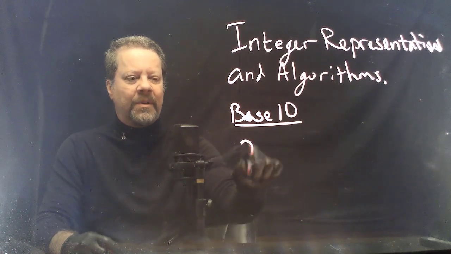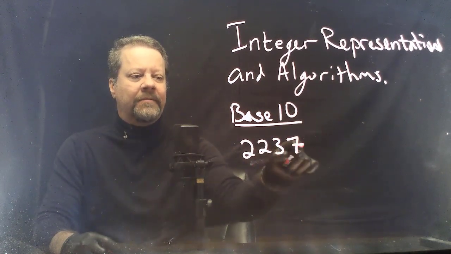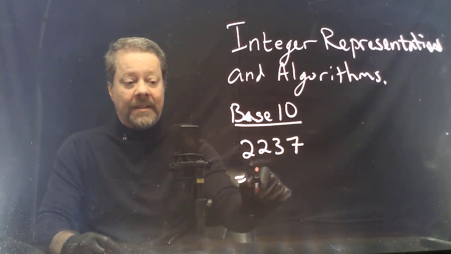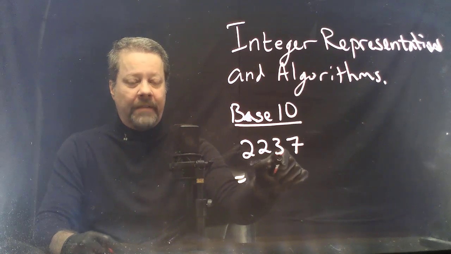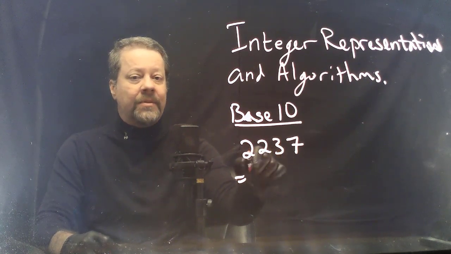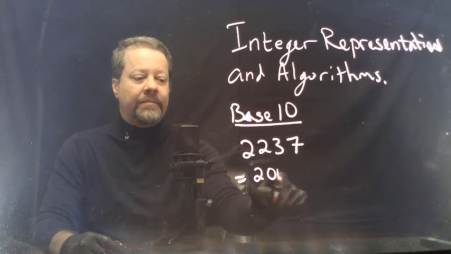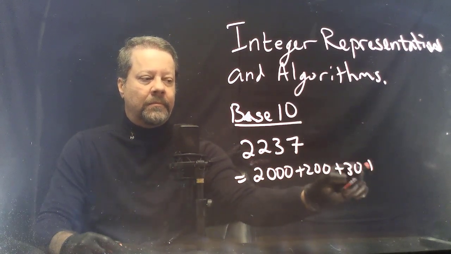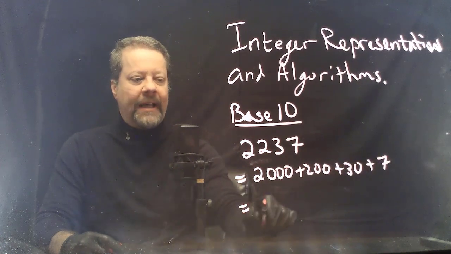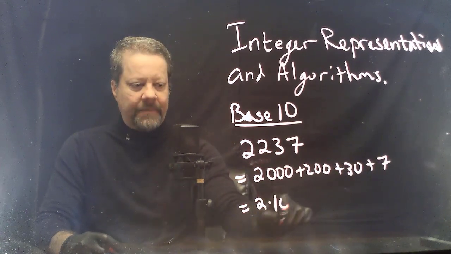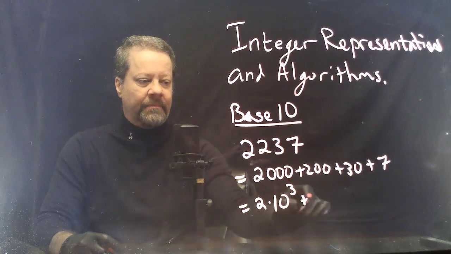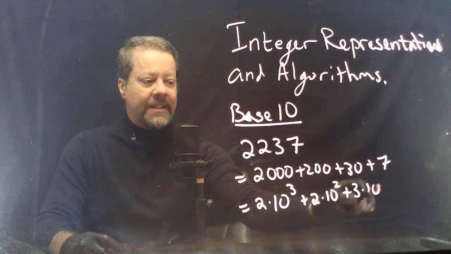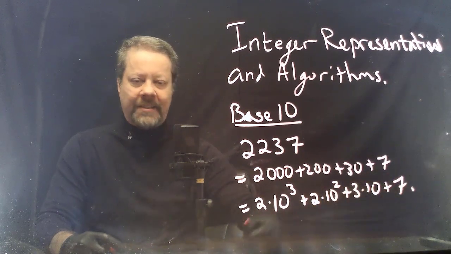Suppose I give you some number 2237. This represents 7 plus 30 plus 200 plus 2000, which we can write as 2 times 10 cubed plus 2 times 10 squared plus 3 times 10 plus 7.